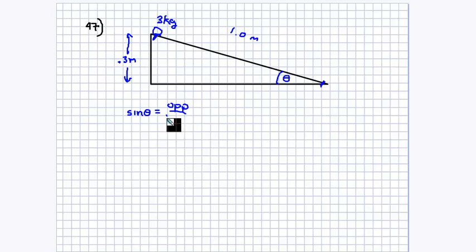That's the definition of sine. But in this case, our opposite is equal to 0.3. Our hypotenuse is equal to 1. So if we inverse sine both sides, we get that the angle is equal to inverse sine of 0.3 over 1. Great. That's going to come in handy.